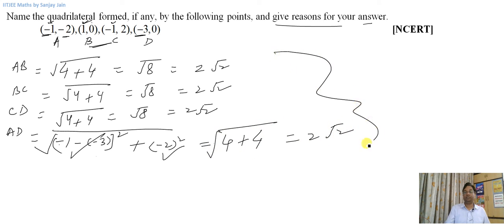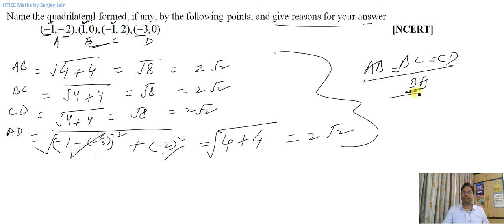Now all these four sides AB, BC, CD and DA are equal in length. So what can I say about this quadrilateral? I can say that this will be a rhombus, but will it be premature to say something about this quadrilateral? Yes, because when four sides are equal, what you are supposed to do is you need to check the diagonal length.